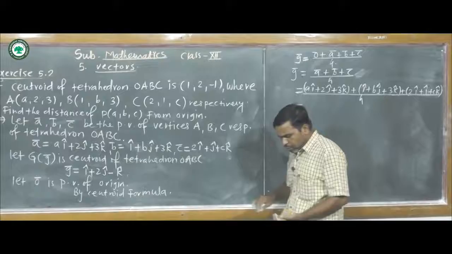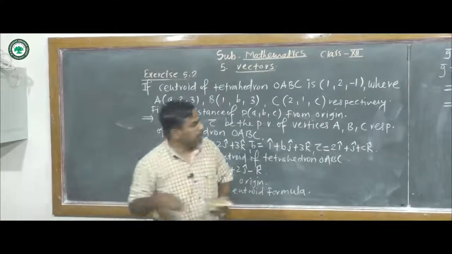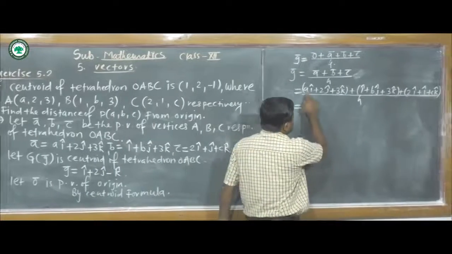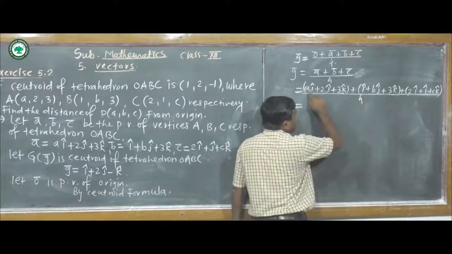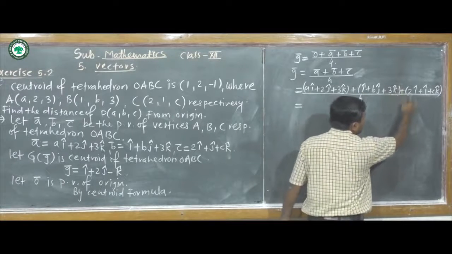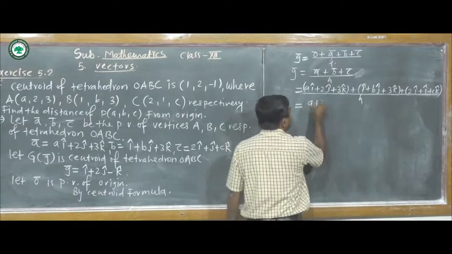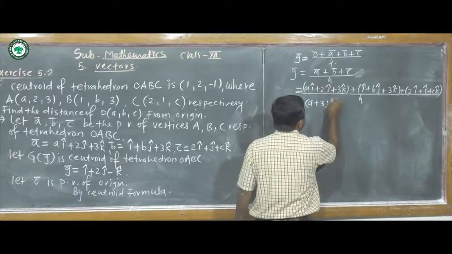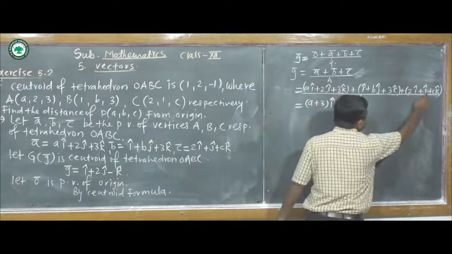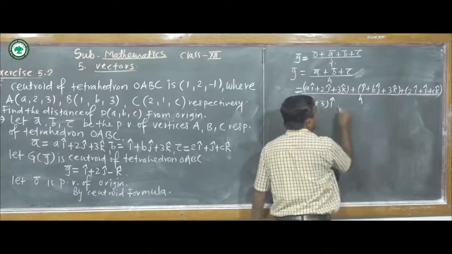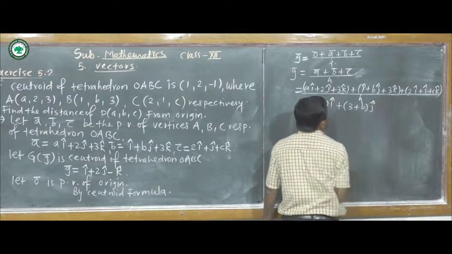Now here on the numerator we have 3 vectors. Take the addition of these 3 vectors. See here, A into i cap plus i cap plus 2i cap, that is A plus 1 plus 2 into i cap, that is A plus 3 into i cap. Then 2j cap plus j cap, 3j cap plus B into j cap, that is 3 plus B into j cap.